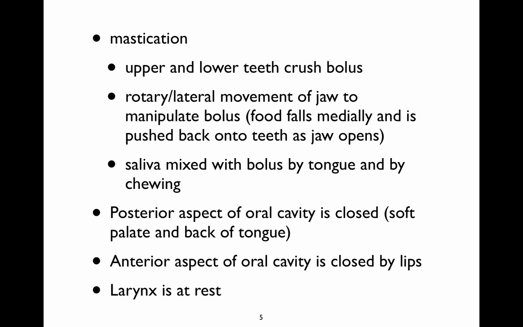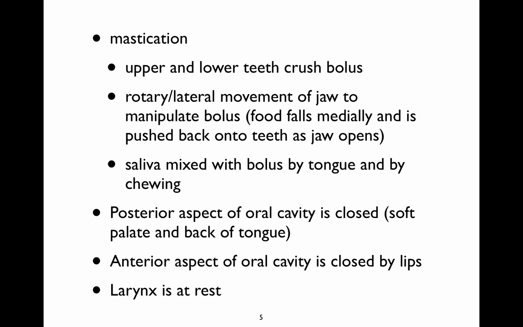A few more things I wanted to say about mastication. First, mastication is a relatively complex act in the adult human. The upper and the lower teeth crush and tear the bolus, it's true, but it's more differentiated than a simple up and down kind of chewing motion.